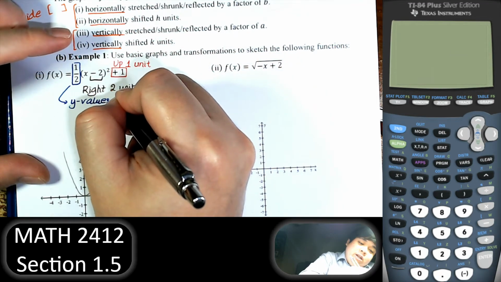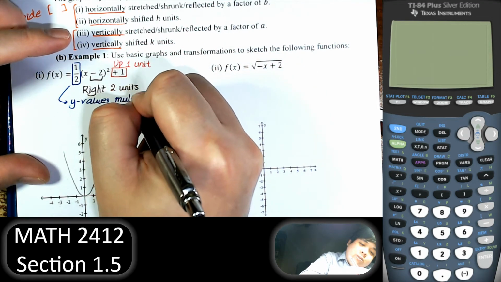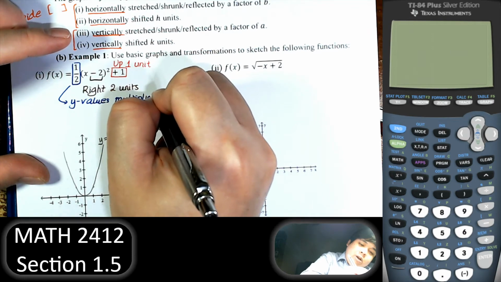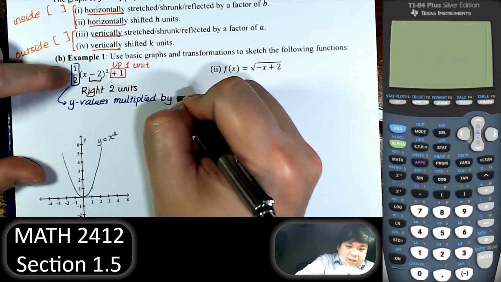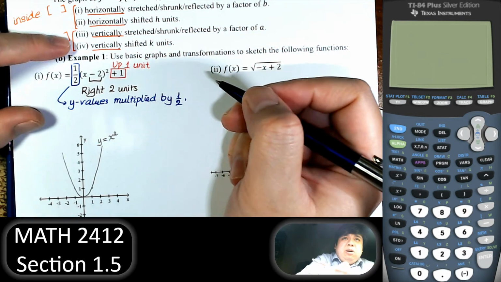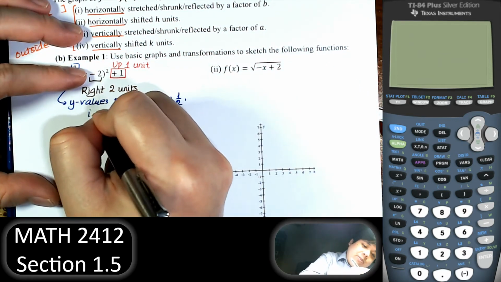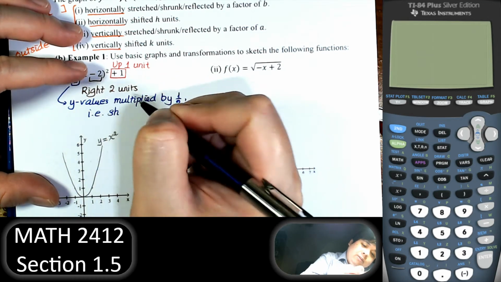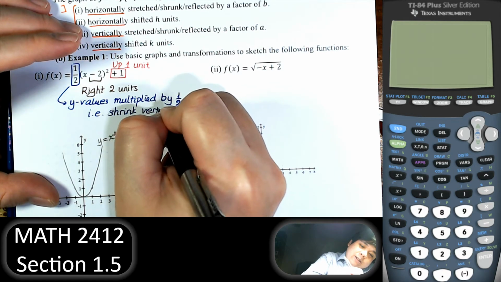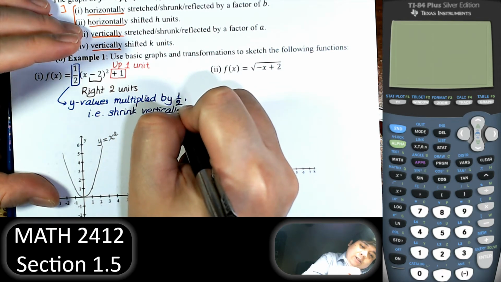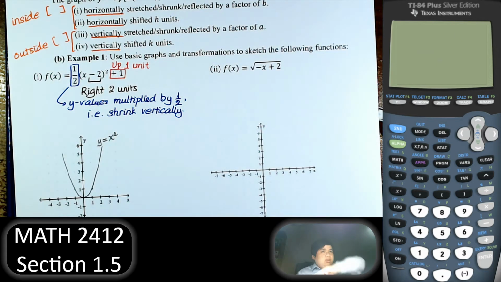So y values are multiplied by 1/2, meaning that it will shrink vertically by a factor of 2. So multiply y by 1/2, so we shrink vertically by a factor of 1/2.